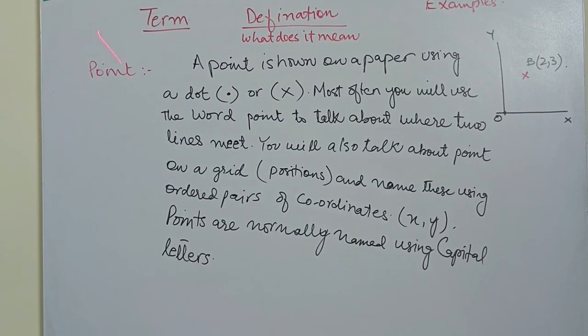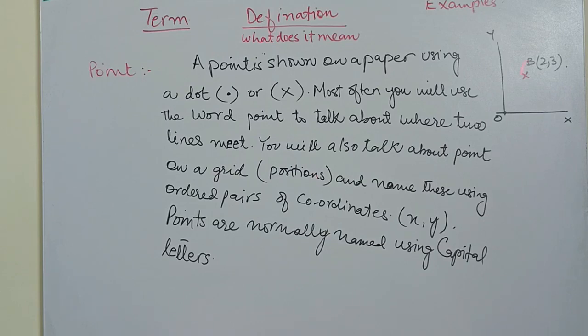Now, dear students, see what a point is. This is the term point, and the definition, what it means, and an example are written over here. You can read it by yourself, or I'll read it for you. A point is shown on a paper using a dot like this or a cross. Most often you will use the word point to talk about where two lines meet. You see that here the two lines meet at point O. You will also talk about a point on a grid position.